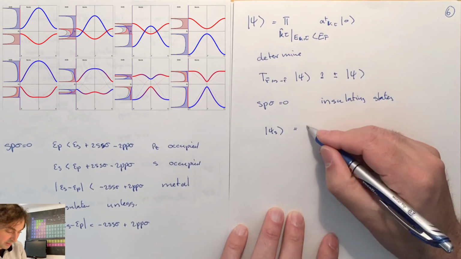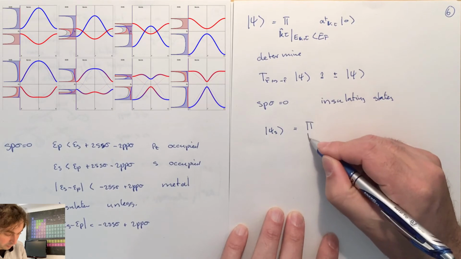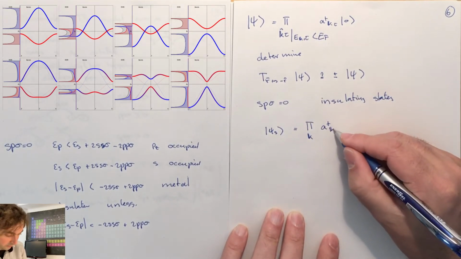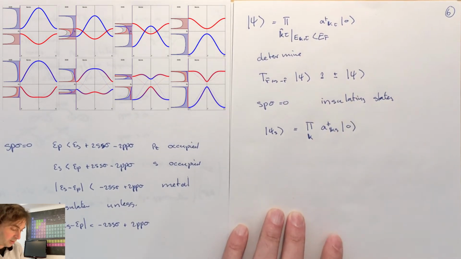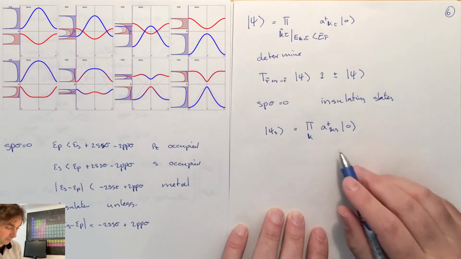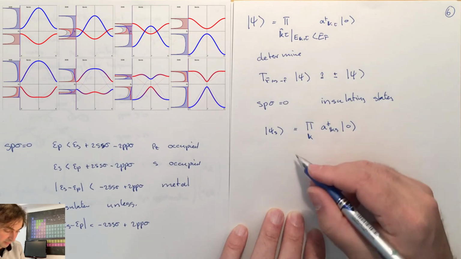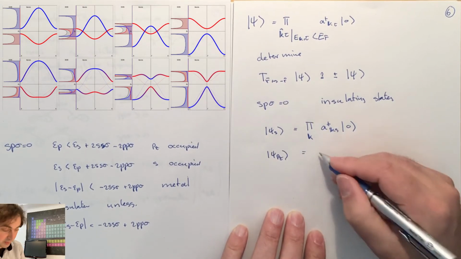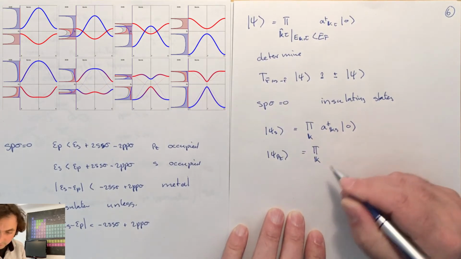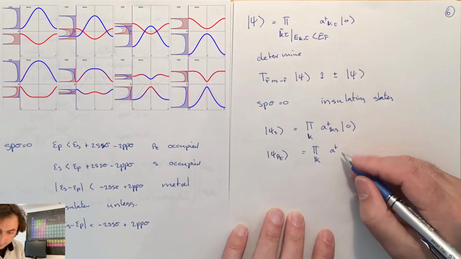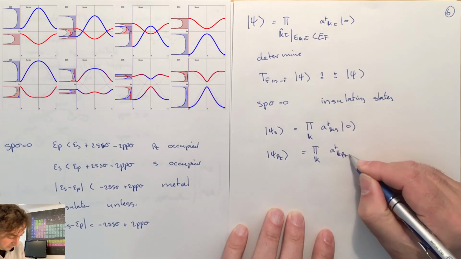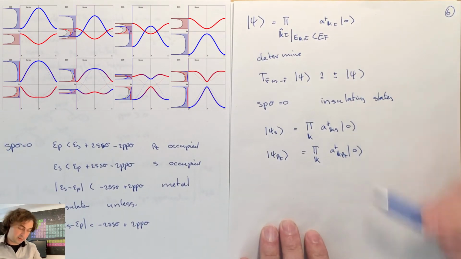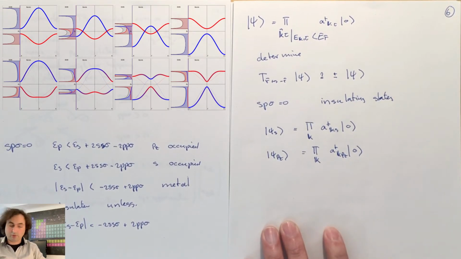We either have psi_s, where we have a product over all k of creating an s Bloch state at a certain k vector, or we have the p_z many-electron state, where for each k value we create the p_z orbital. And we want to know, is this state even or odd, and is this state even or odd?